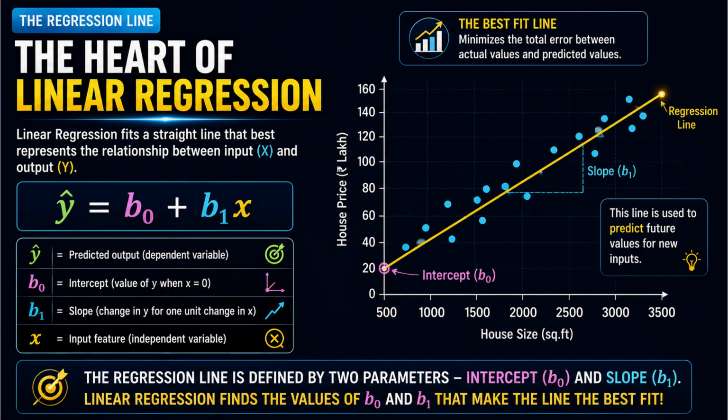And x is the input feature, the independent variable. So if you take this diagram, you will see that we have taken house size versus house price. The intercept or b0 value is 20 here, and the slope is showing you the rate of change of y with x. And this line is used to predict future values for new inputs which are not there in the data set.